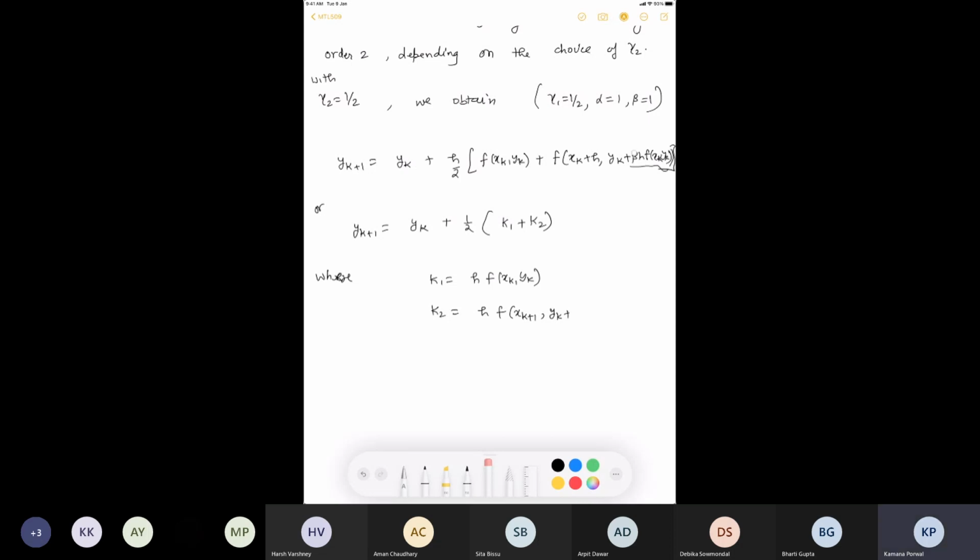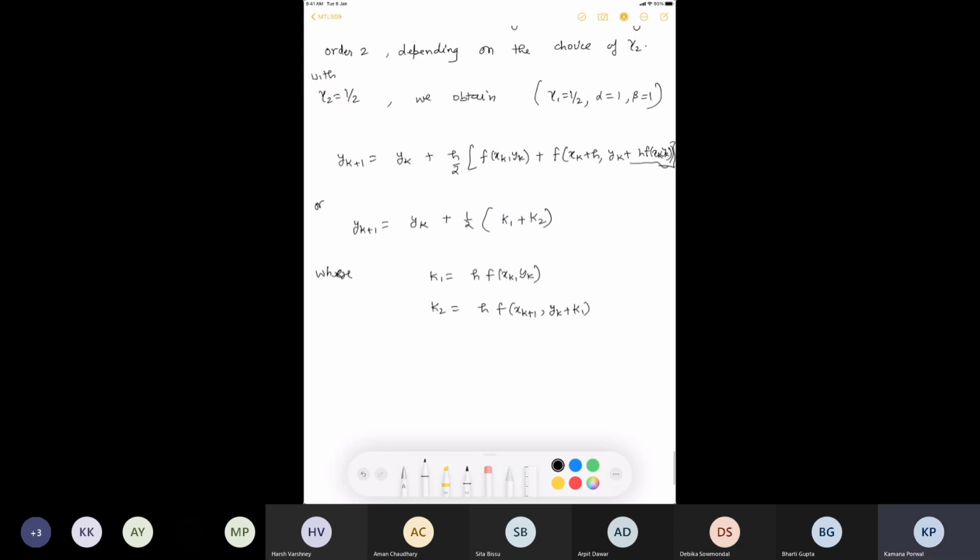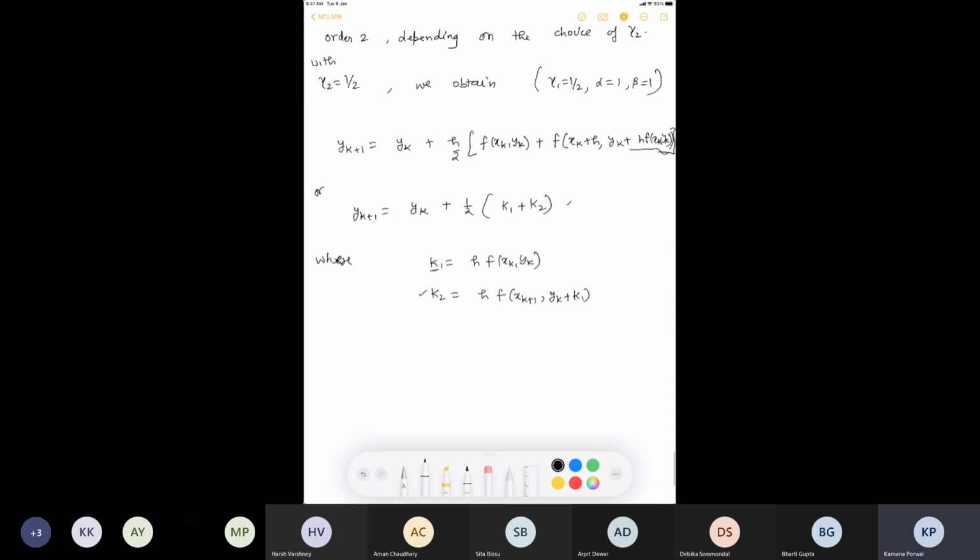Sorry, beta is 1 here. So y_k plus k1. Once you have computed k1, you can use that information to compute k2, and then once you have k1 and k2, you can use that to compute y_{k+1}. All right.